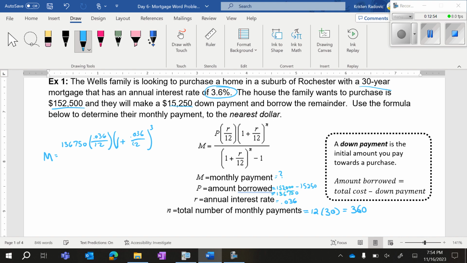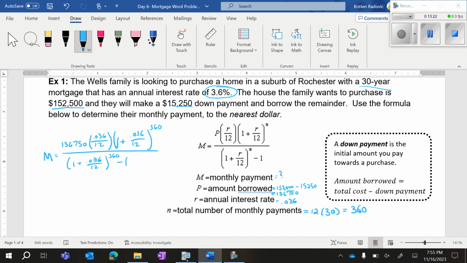There we go. And you actually have to write that to get your partial credit, because the whole thing relies on you being able to plug this into the calculator properly. If you plug this into the calculator and just one single thing is wrong, you're not going to get partial credit if you don't show what you plugged in. So please show this work, and don't do this little by little, do it all at once, all in the calculator.